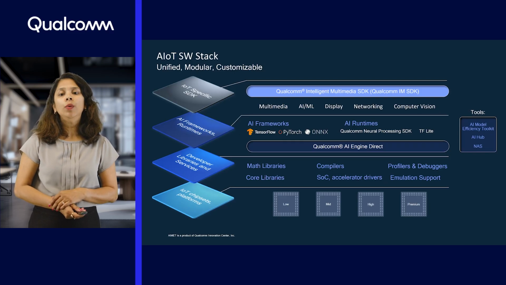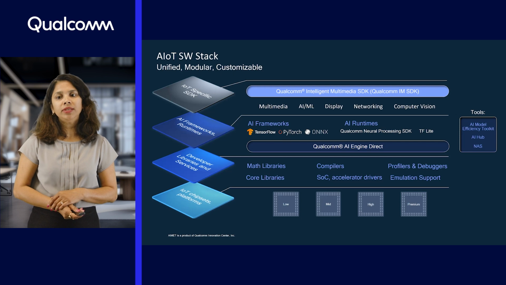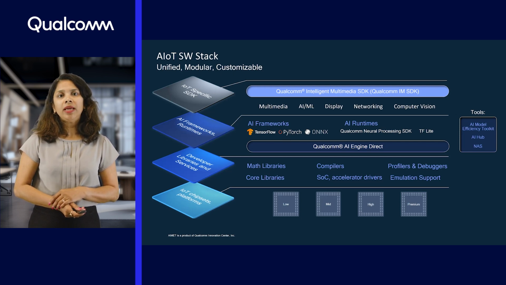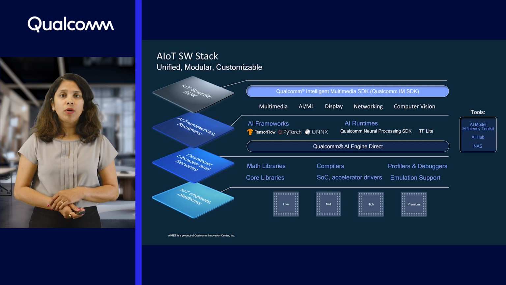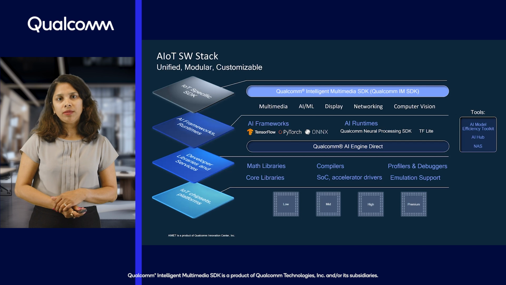We support our homegrown Qualcomm Neural Processing SDK for an optimal deployment, or we work very extensively with the standards and the community out there with the TF Lite runtime. With both those environments, we are able to cater to all the common frameworks which are out there for your model deployment. On top of it, for IoT-specific use cases, where we are looking at an end-to-end application deployment, we provide the Qualcomm Intelligent Multimedia SDK.